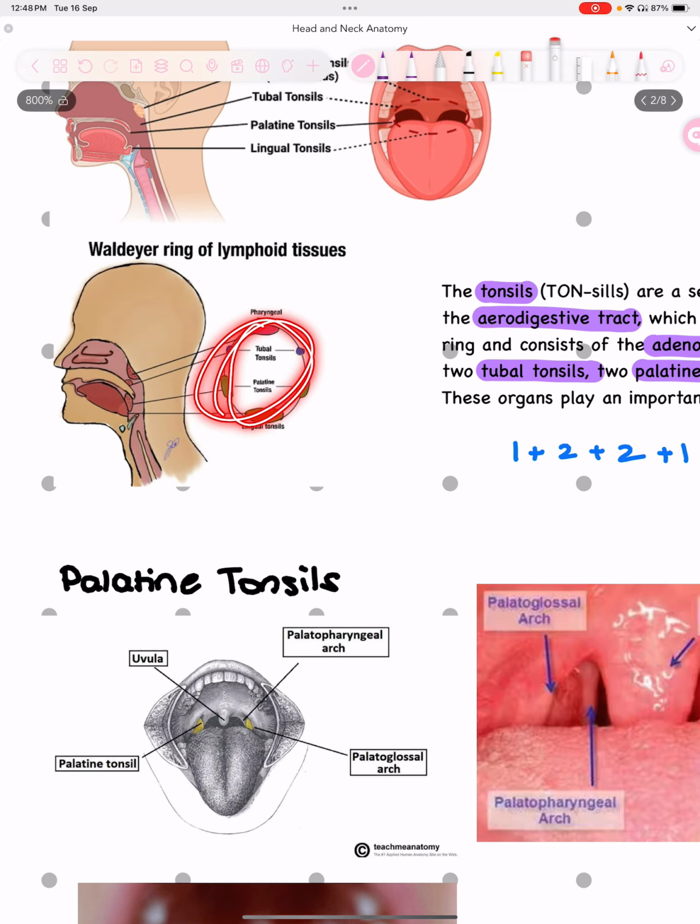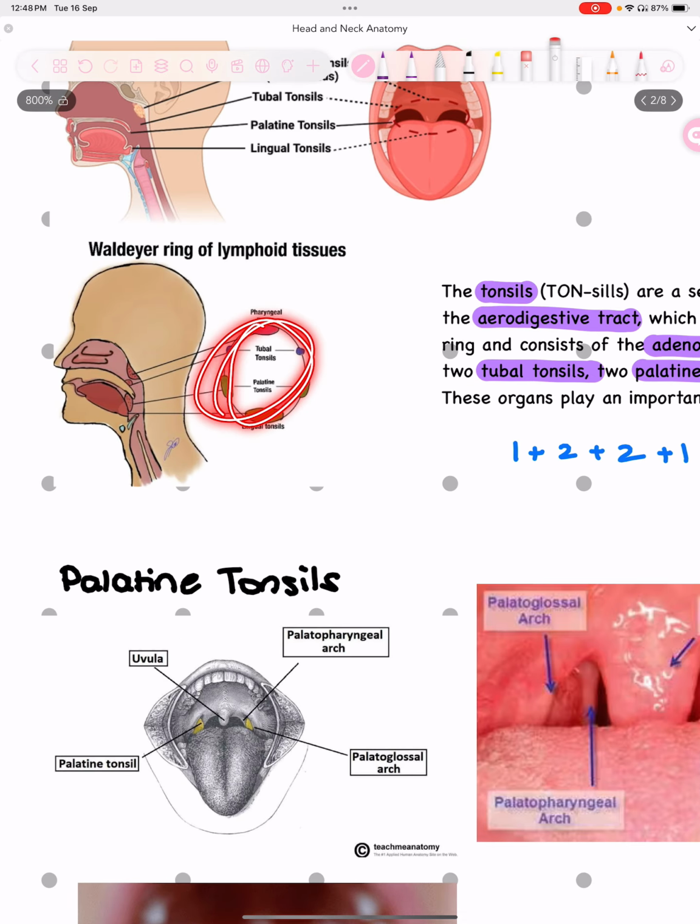So the anterior border of it is the palatoglossal arch, and the posterior border is the palatopharyngeal arch. The palatopharyngeal arch is made up of the palatopharyngeus muscle, and the palatoglossal arch is made up of the palatoglossus muscle, right? So that's what is very important for you to know.